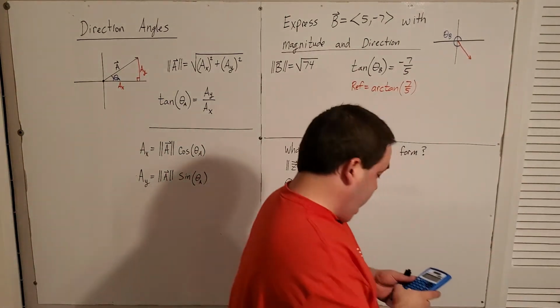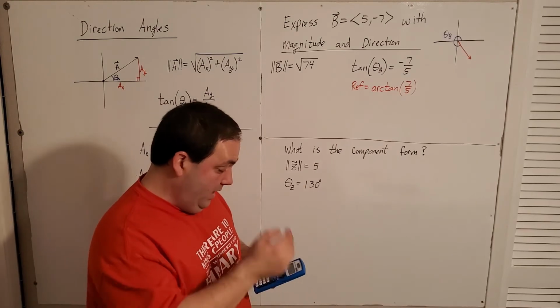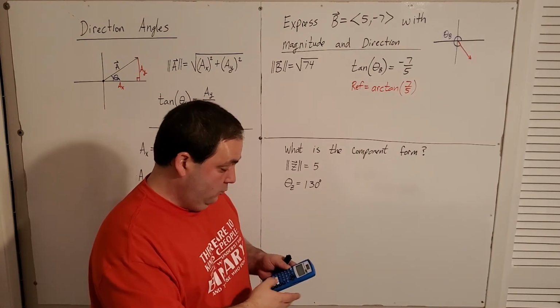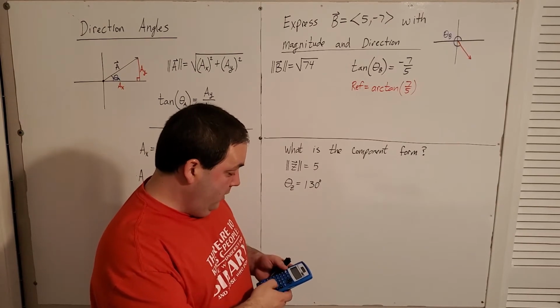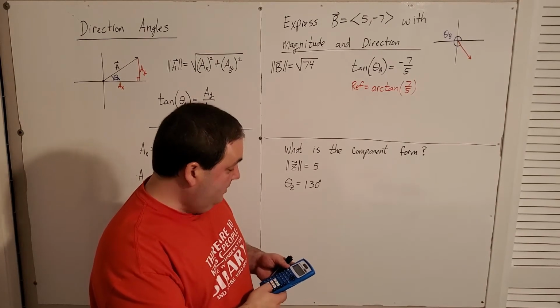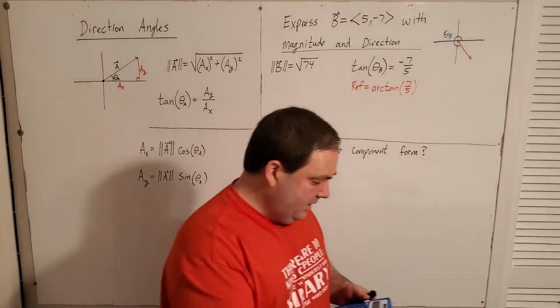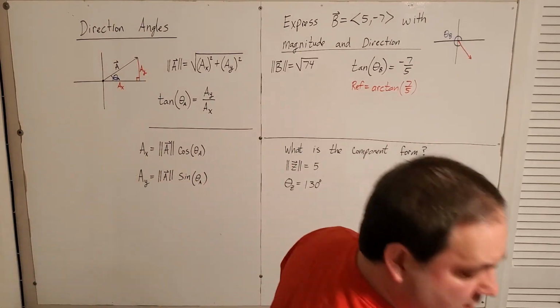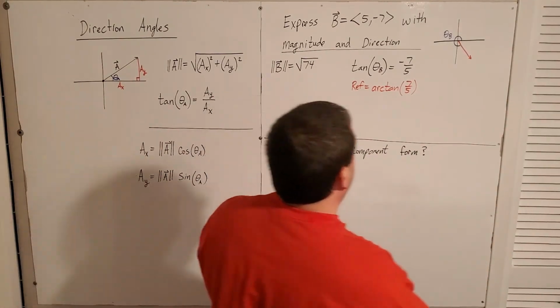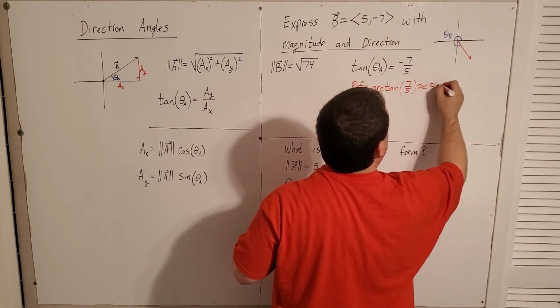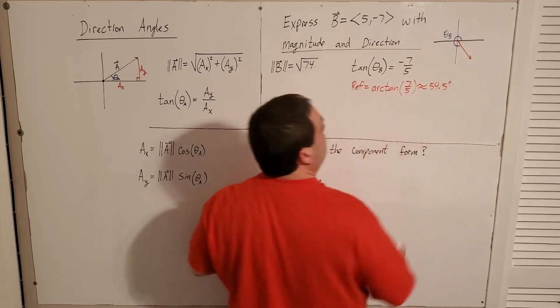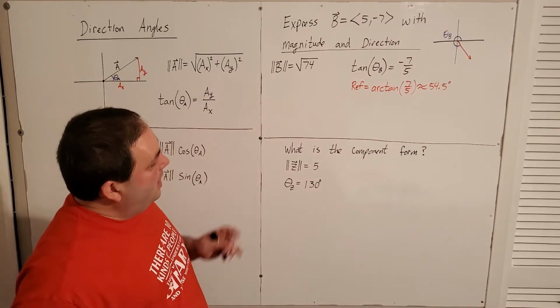So arctangent of 7/5 in degrees, we'll just do degrees for now, as we do most of the time with vectors, right? Arctangent of 7/5 is equal to 54.46. So I'll use 54.5, approximately 54.5 degrees. That's the size of the reference angle.